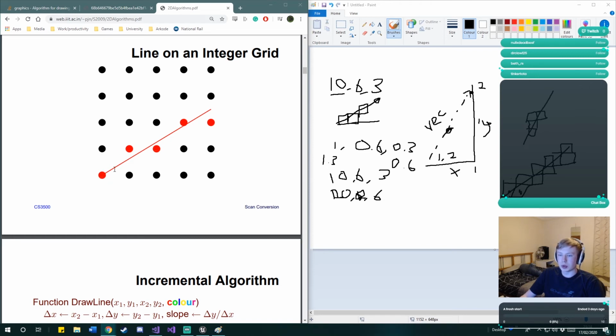So let's say we were drawing this line here, and it was going in a straight line. We don't do anything. We obviously know that it's connected. But let's say it goes in two directions, so it goes on the x-axis and the y-axis. Then we look for the two closest points to this increment, and we fill both of them in. And I think that would work.